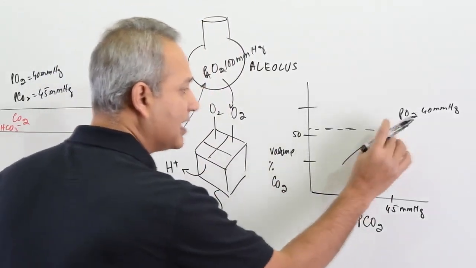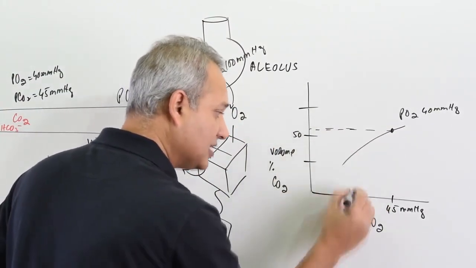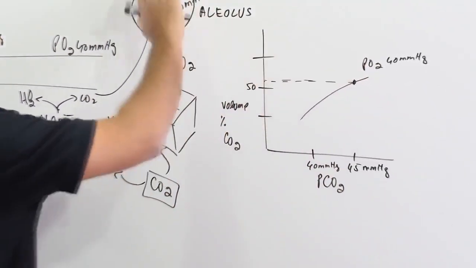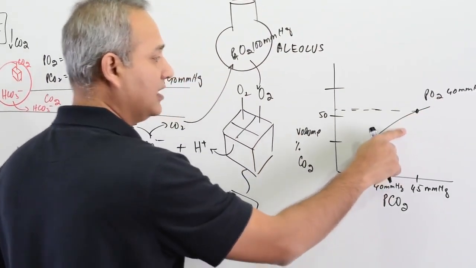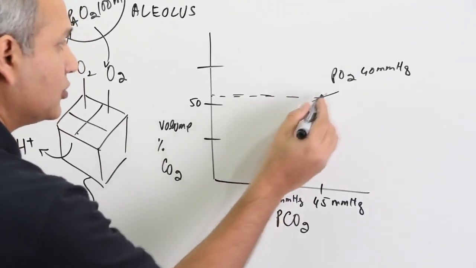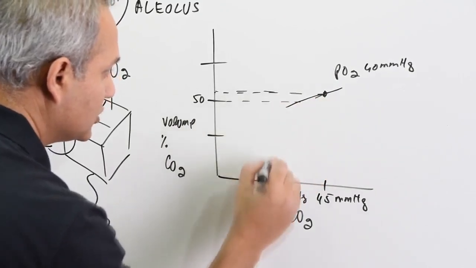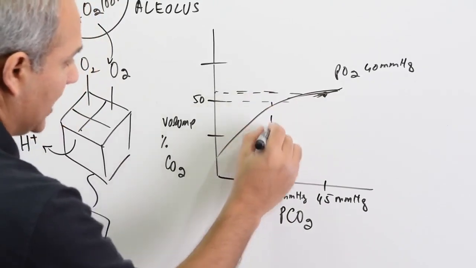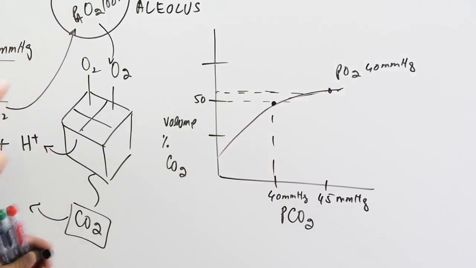Now when this RBC reaches the lungs, the PCO2 in the lungs is 40. Let's say the oxygen pressure does not change. Assume that there is no oxygen coming in, oxygen stays 40. Then at 40 millimeter PCO2 and 40 oxygen, it should intersect here. So what happens is that the carbon dioxide that would dissociate is 2 volume percent.